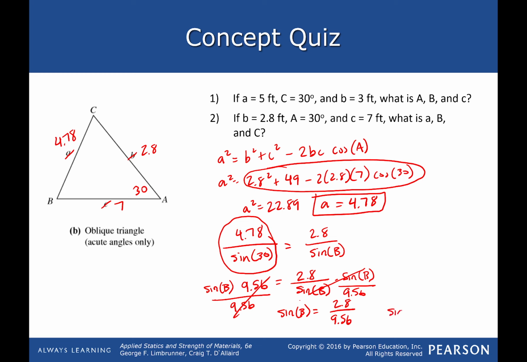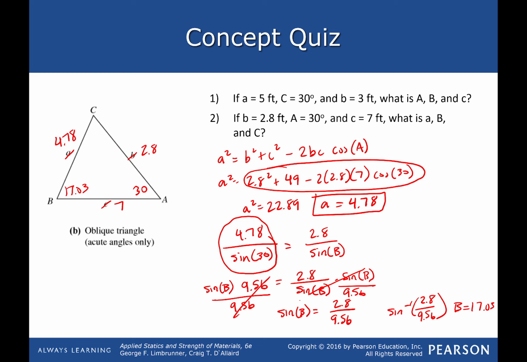So I plug in shift sine in my calculator to get where the angle B will be. 2.8 divided by 9.56. So I get that B is equal to 17.03 degrees. Okay.